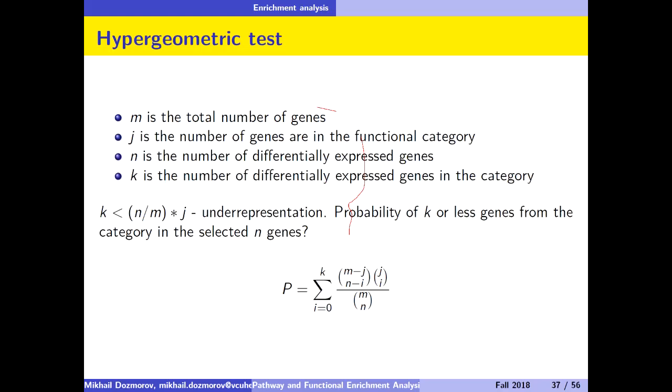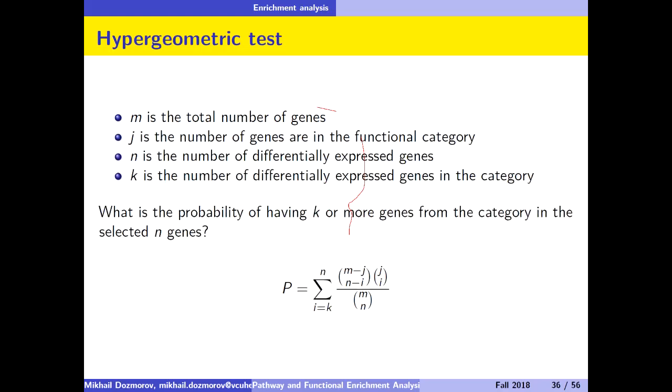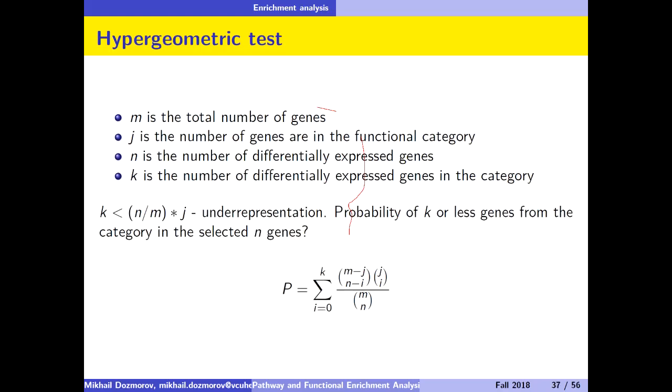The p-value is calculated very similarly, except that in the previous slide, remember K is the number of overlap and N is the total number of differentially expressed genes. That's the sum that goes from K to N, but in case of under-representation, the sum goes from 0 to K. Again, I won't go into it for the sake of time.